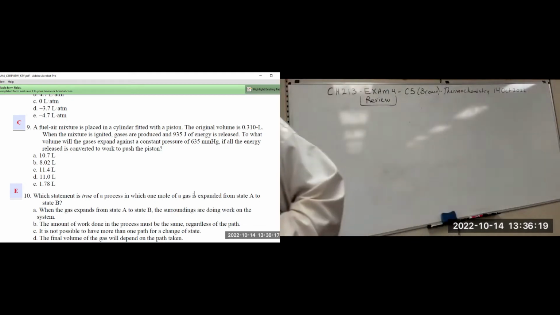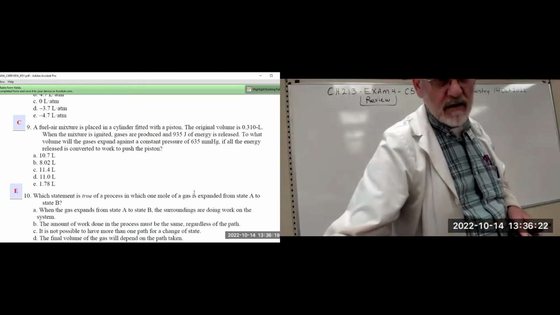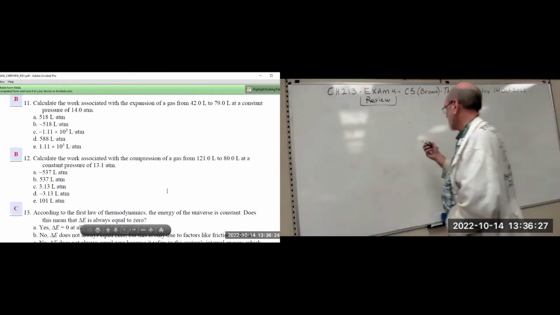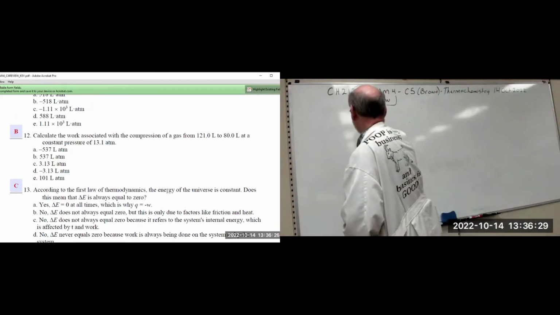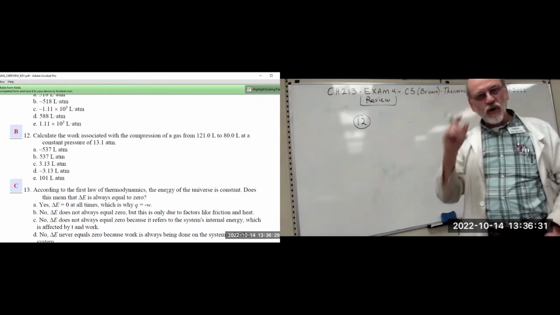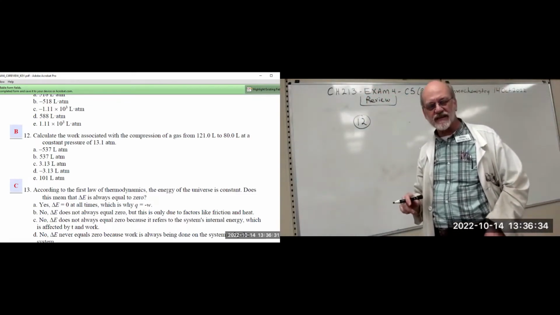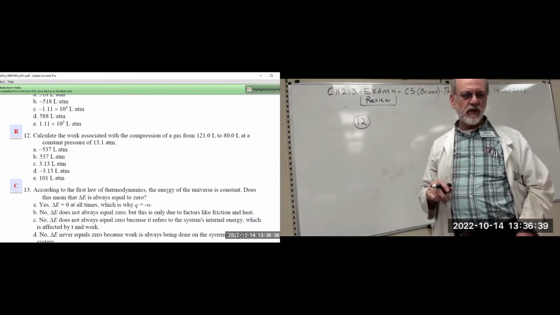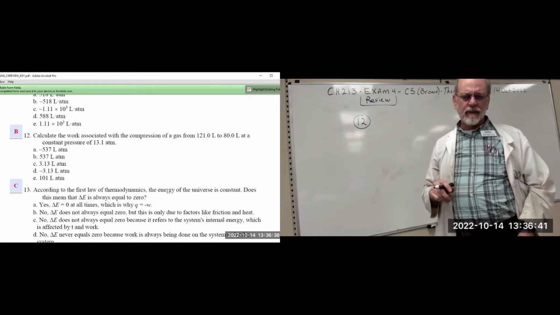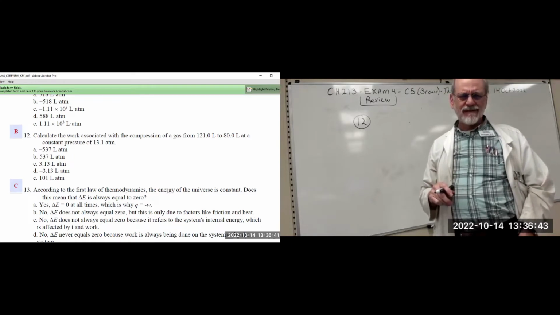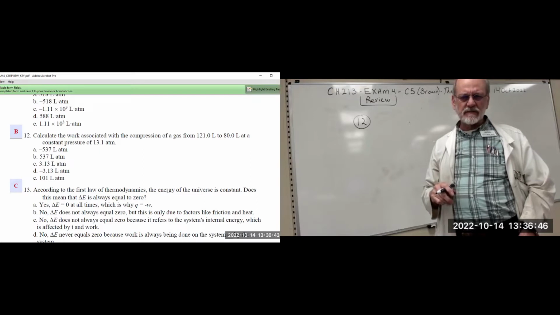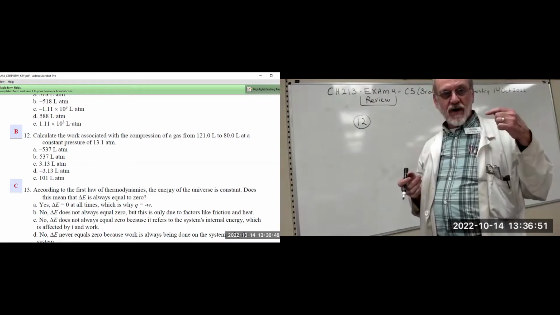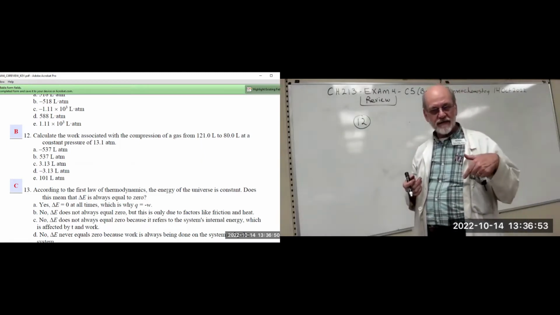And let's go down to number 12. Calculate the work associated with the compression of a gas from 121 liters to 80 liters at a constant pressure of 13.1. That's repetition, except that the answers are given in both positive and negative values.